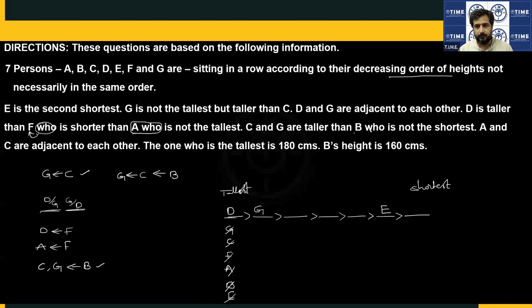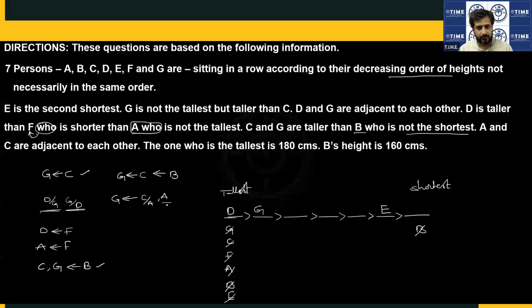C and G are taller than B, who is not the shortest. B cannot be here. A and C are adjacent to each other. If you observe very carefully, G is taller than C, and C and A are adjacent to each other.